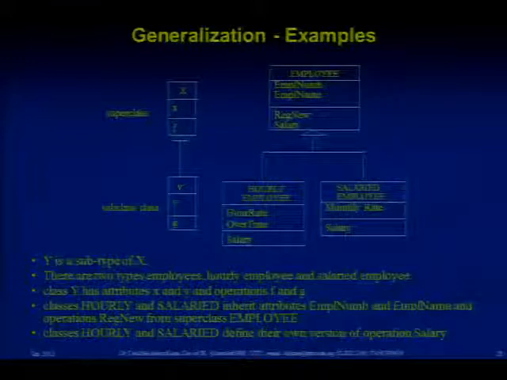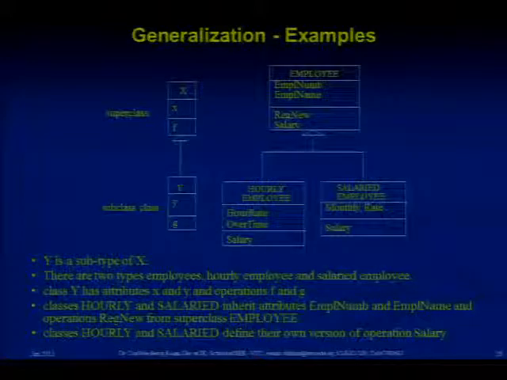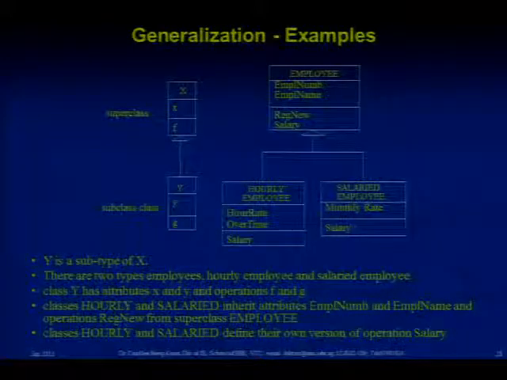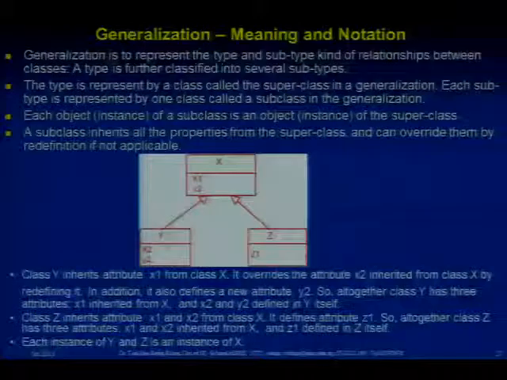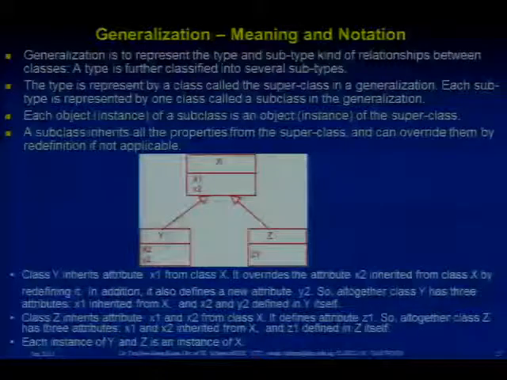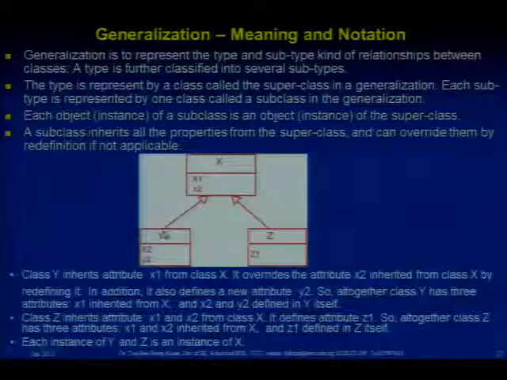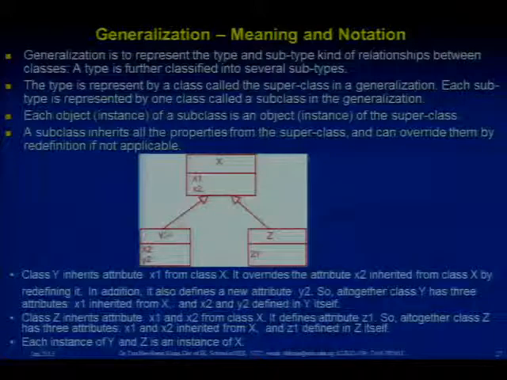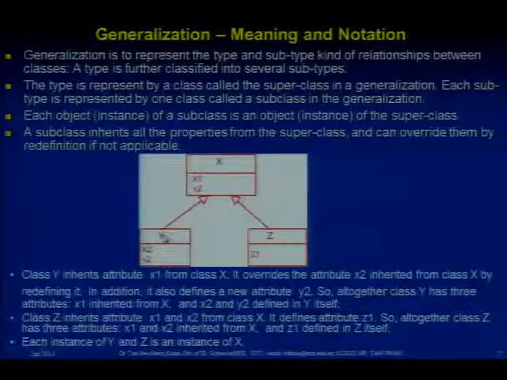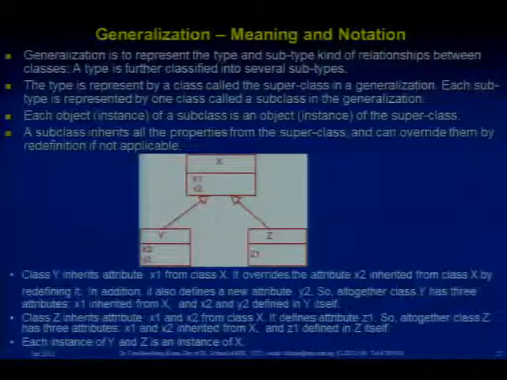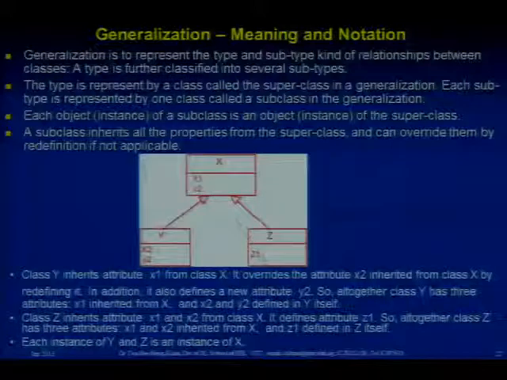For generalization as well as for aggregation, you have two alternative notations. The one we have seen earlier is the first alternative. You can draw an arrow with a hollow arrowhead pointing from each subclass to the superclass individually, like this case.